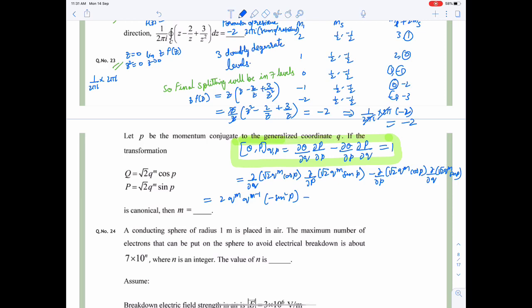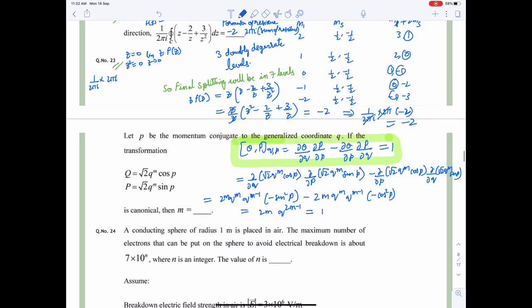minus 2, you will get also M here, QM minus 1, and it will be minus cos square P. Okay, so when you solve this, you will get 2M minus 1 equal to 1.